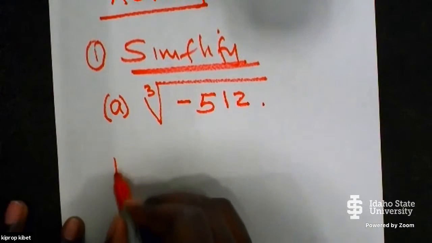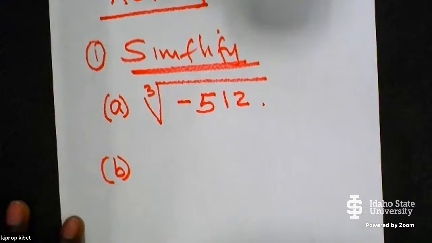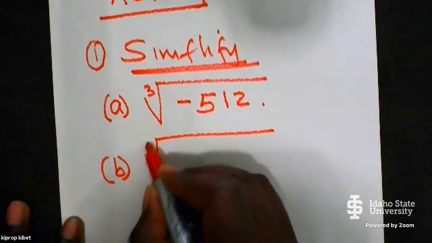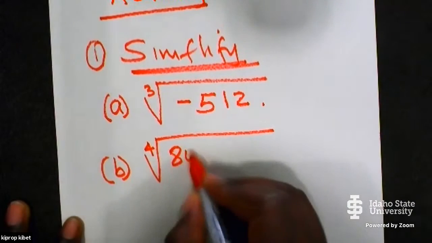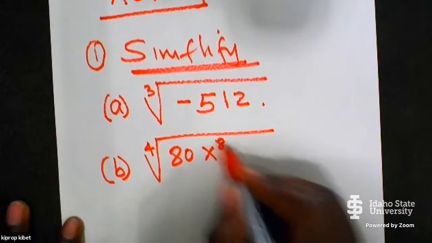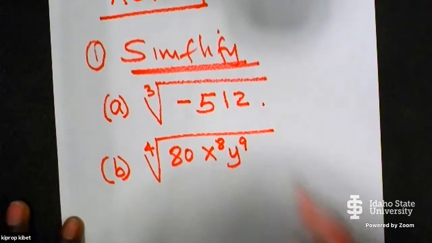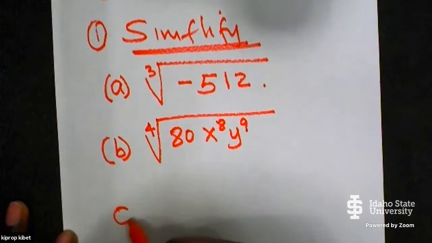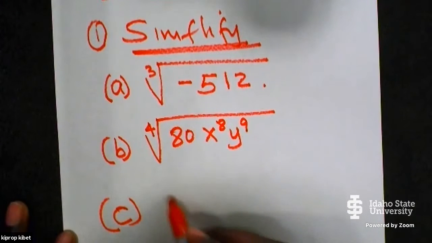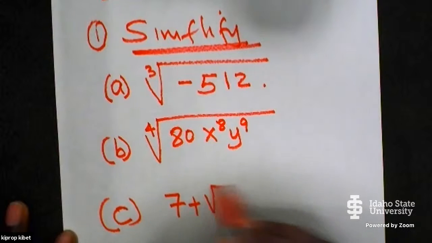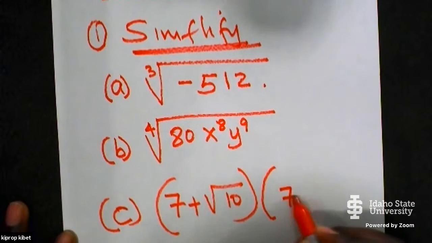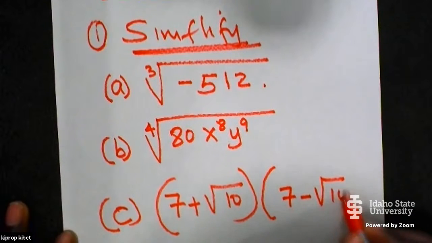Number B, the fourth root of 80x^8y^9. And then number C, 7 plus the root of 10 times 7 minus the root of 10.